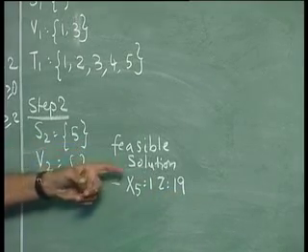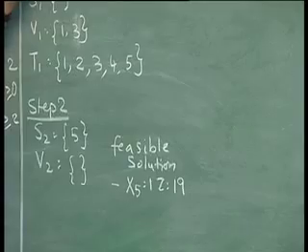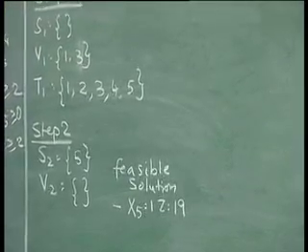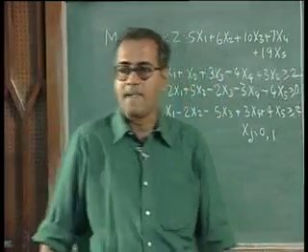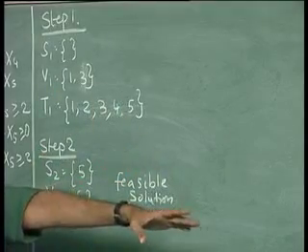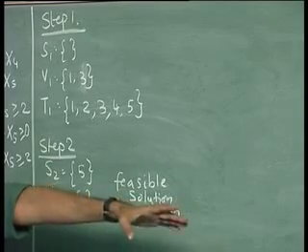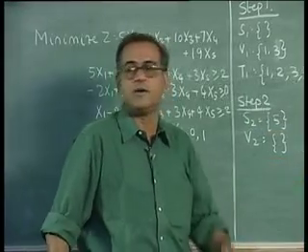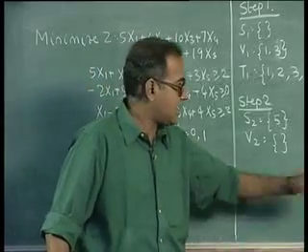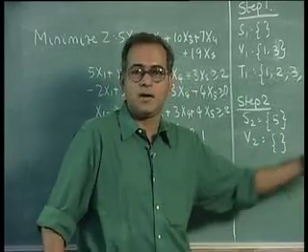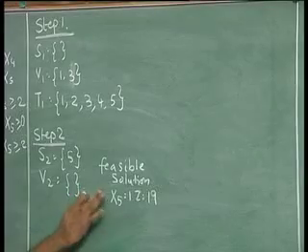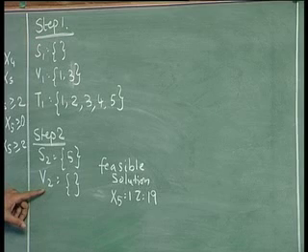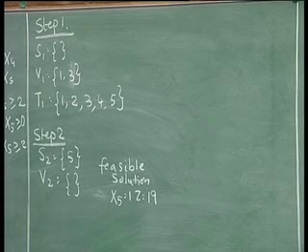Initially you will initialize, for example, z equal to infinity for a minimization problem, and because this 19 is less than the best value, you will update. Much later, when you find another feasible solution, you will verify the objective function value of that feasible solution with that of the existing best, and if it is better, you will update, otherwise you will leave it out. So, right now we update here with x5 equal to 1 and z equal to 19. There is no T2, because T2 finds a place only when there is something in V2.